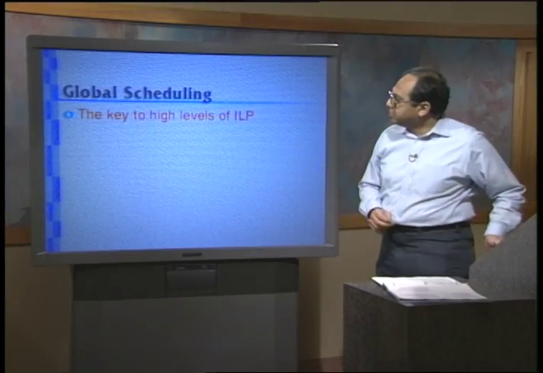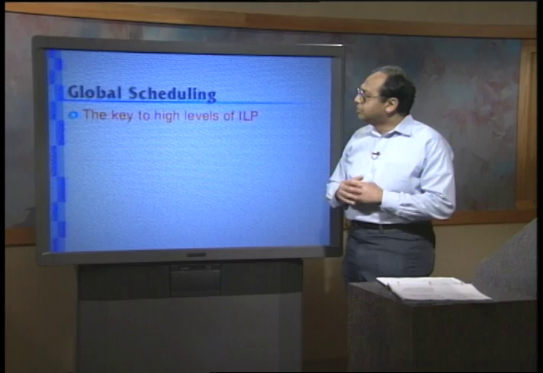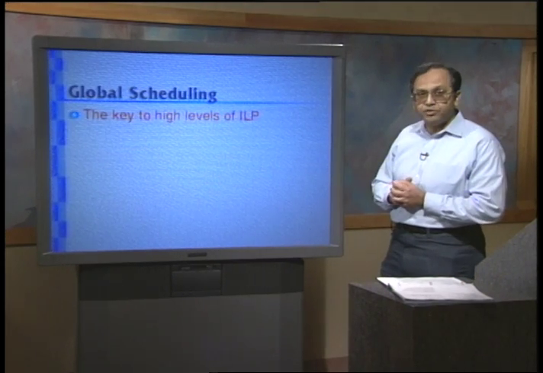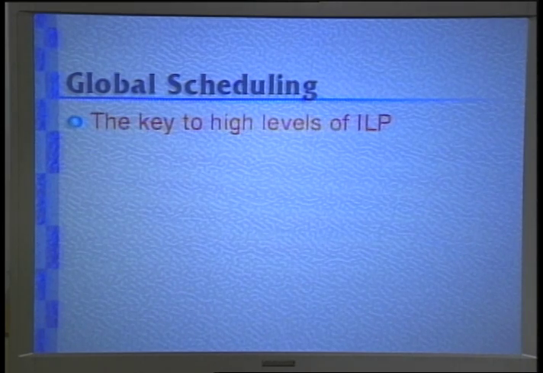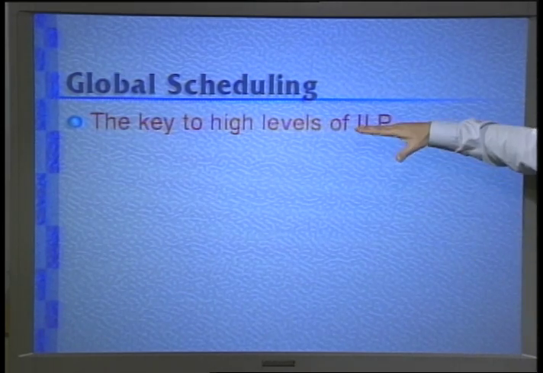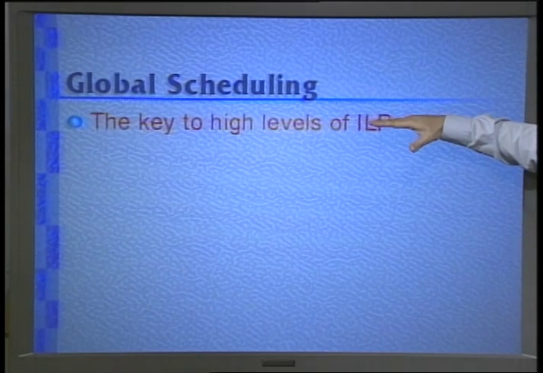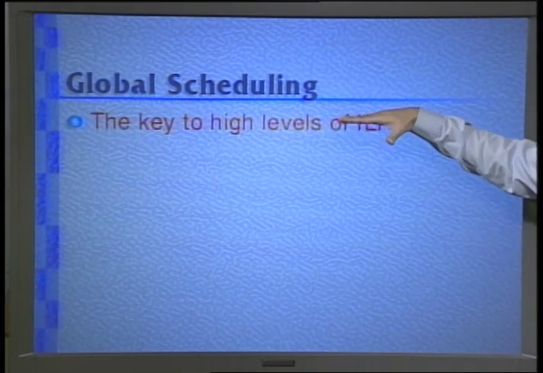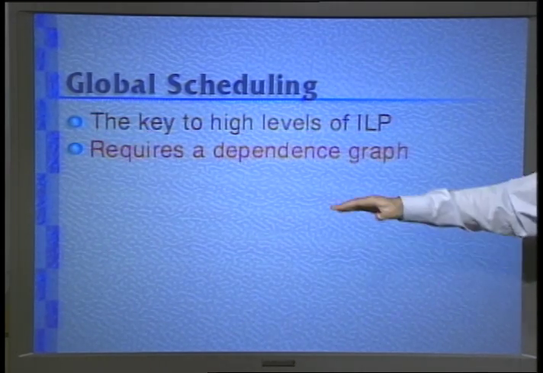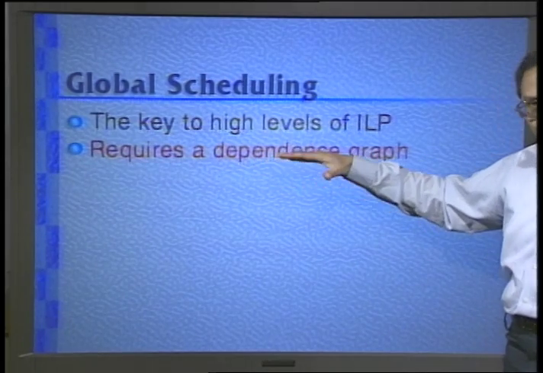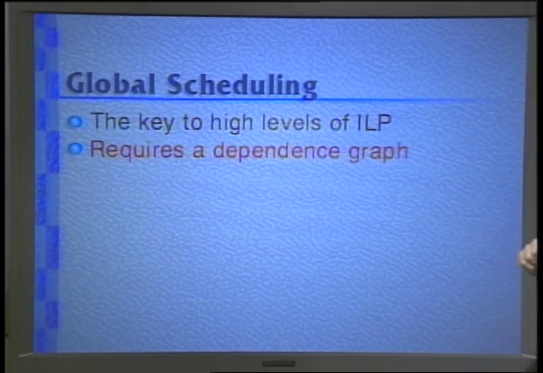However, when you go to an ILP compiler, you end up with a rather profound change in the organization of the compiler. And this is all driven by the fact that global scheduling has been elevated to a stature of very great importance, that is the key to high levels of ILP. The second fact about global scheduling is that it requires a dependence graph. All scheduling requires a dependence graph to have been constructed.